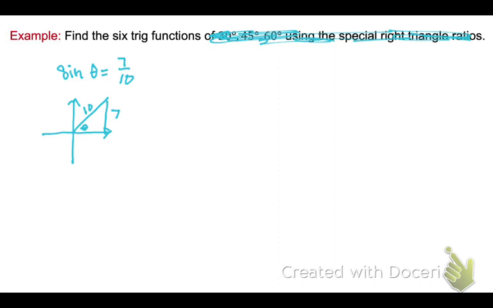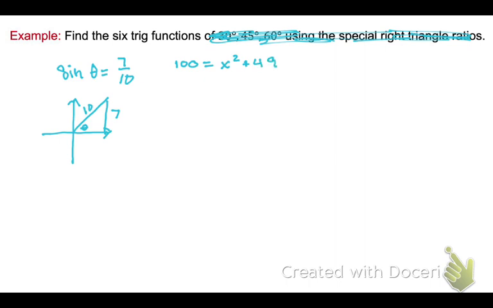How are you going to find the adjacent? Because we have the Pythagorean theorem, which says a squared plus b squared equals c squared. And I have c, so 100 equals x squared plus 49.